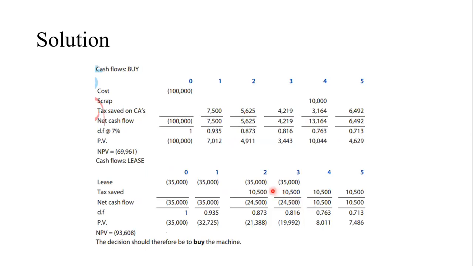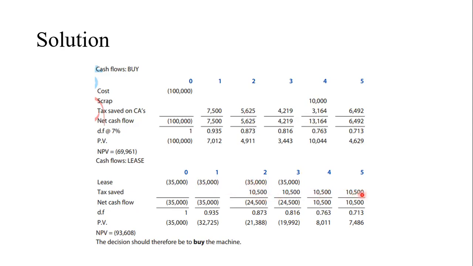And that comes in here, year 2, because tax is paid a year after. So that of year 1 happens in year 2. That of year 2 happens in year 3 in that order. So you have 4 of them, 30% of 35,000. That gives you a tax savings of about 10,500.